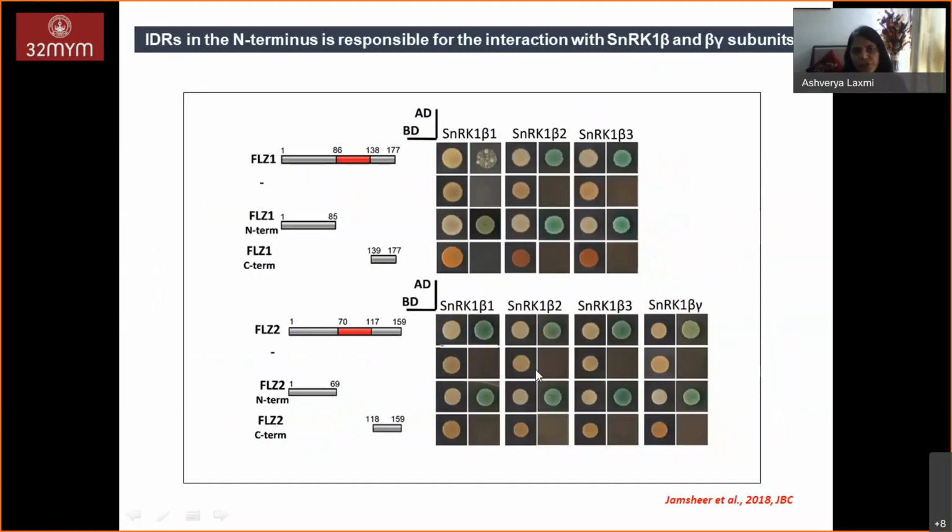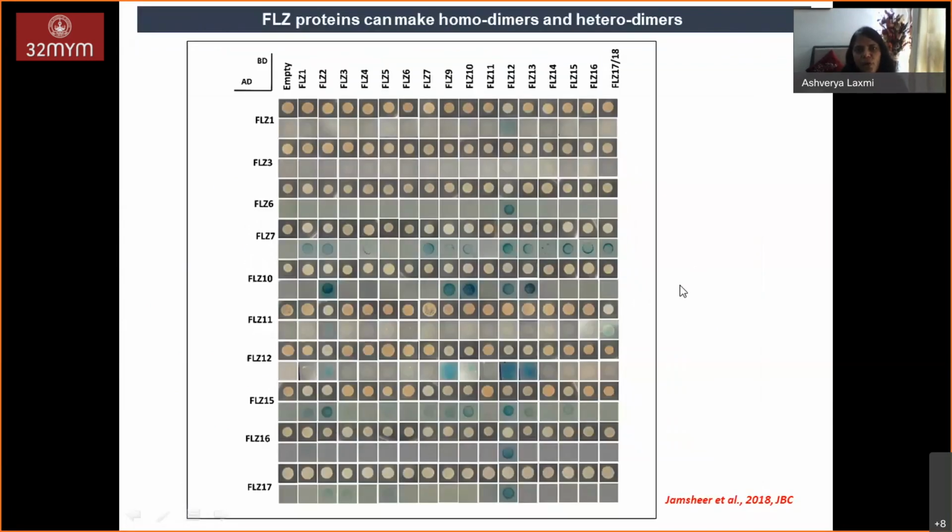So these IDRs show that the propensity for binding proteins is highest for them. And we could show that these N-terminal IDRs are responsible for the interaction with the beta subunit as well as the beta gamma subunit. These N-terminal IDRs were also required for interaction of FLJ proteins among themselves. We carried out the interaction mapping of all FLJs among themselves, and we found several of them can make homodimers and heterodimers.